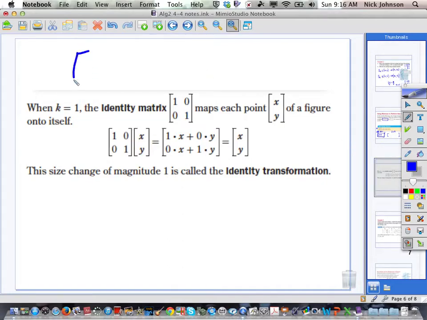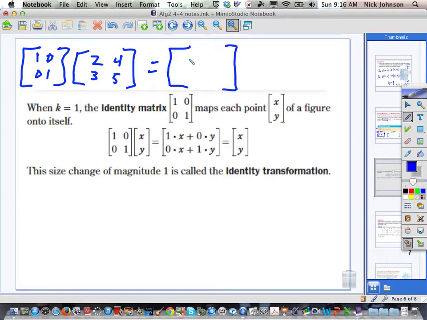If I were to take 2, 3, 4, 5 and multiply it by 1, 0, 0, 1, I would get out 2, 3, 4, 5. Okay? You're getting out the same thing when you multiply by the identity matrix. This size change of magnitude 1 is called the identity transformation.